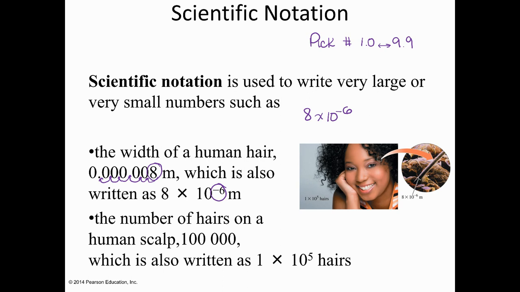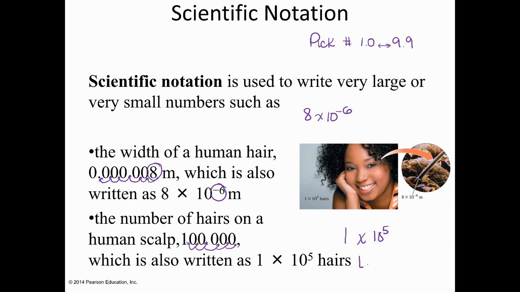Okay, the number of hairs on a human scalp is 100,000. Now, how would I write that? My number is 1, and then I'm going to go 1, 2, 3, 4, 5, times 10 to the 5. I know that that is positive because it's a large number.